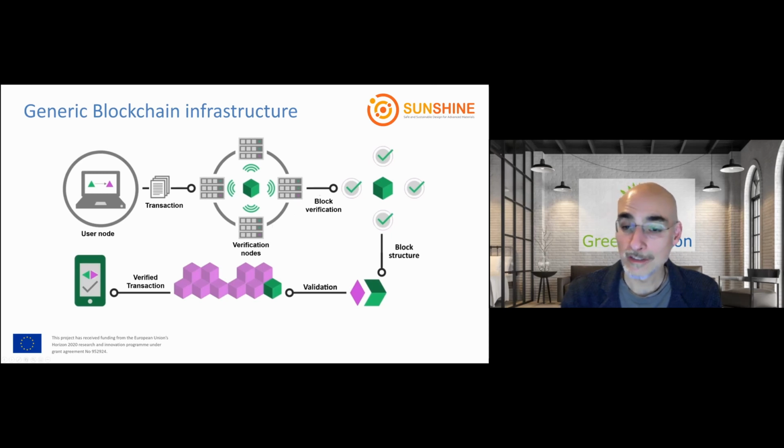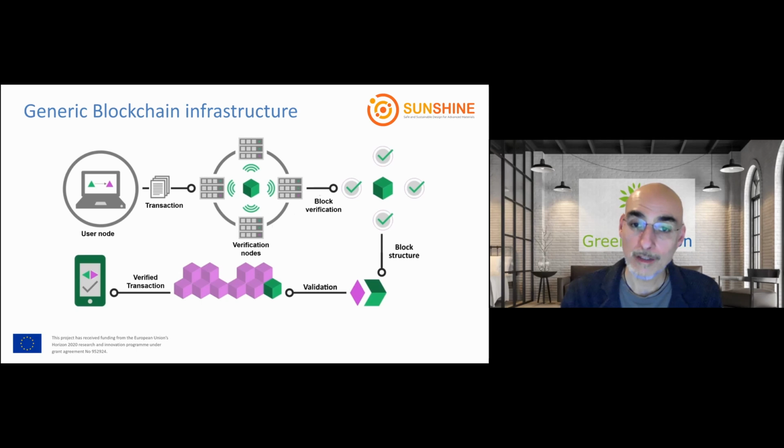Then the whole block is validated, and one single copy of the block is accepted by the whole network. The new block becomes part of the ledger, and it is used for the cryptographic key of the next block. This ensures that once a transaction makes it to the ledger, it's not modifiable, because otherwise you would have to modify all the previous blocks and transactions. And this is not possible because they are replicated in all the validation nodes. This is how we obtain security and privacy for the data of private users.